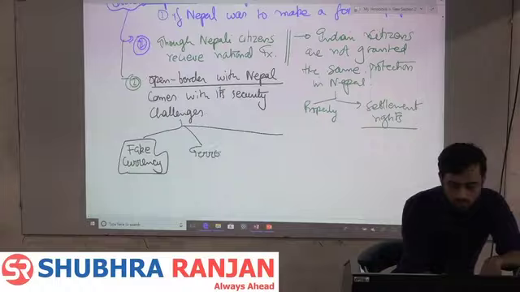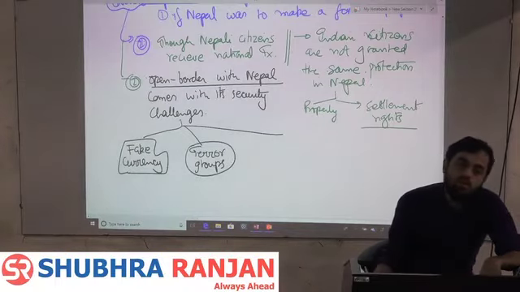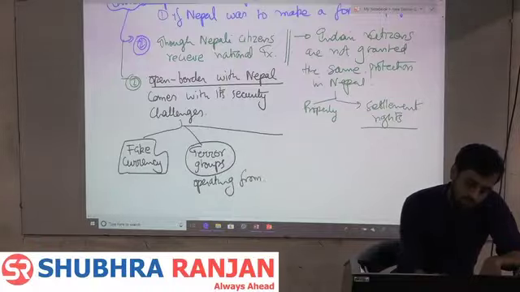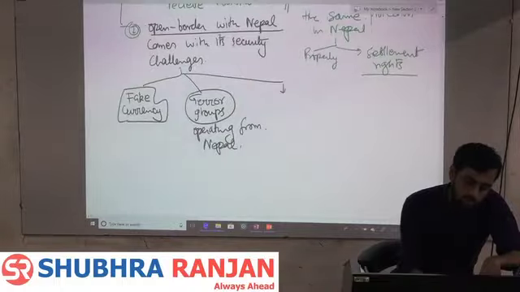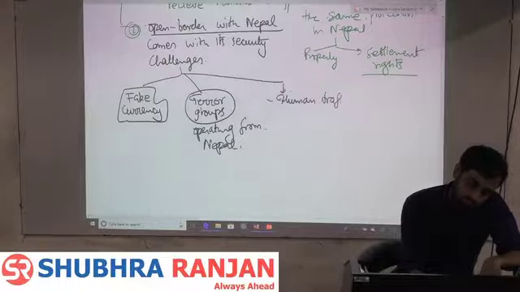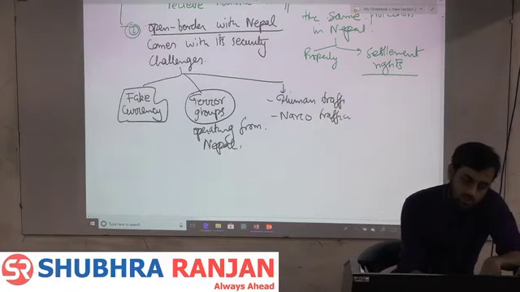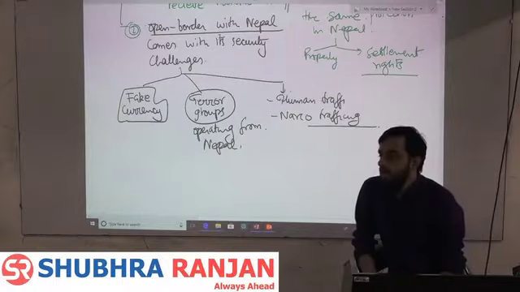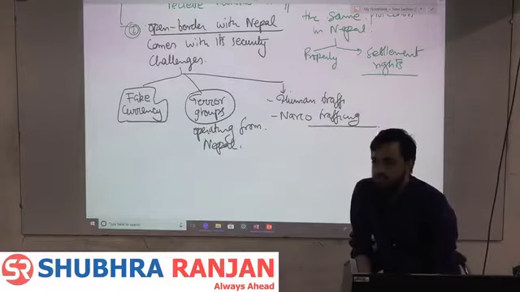Terror groups who may set up their shop across the Indian border on the Nepali side, terror groups operating from Nepal side, or you have human trafficking, narco trafficking, etc. So India said that maintaining this open border with Nepal comes with a huge set of challenges also.